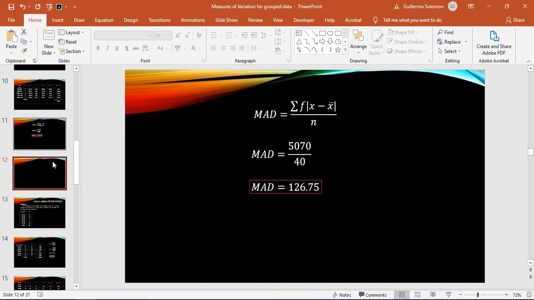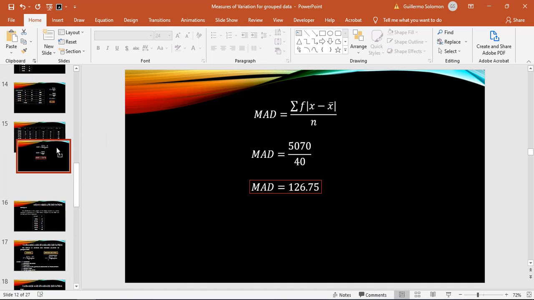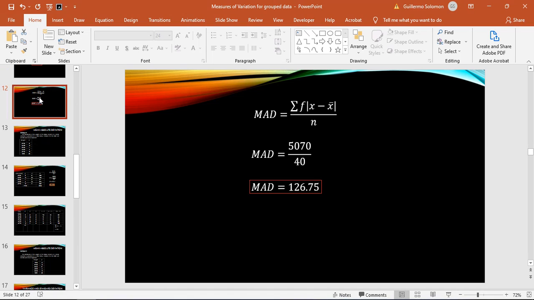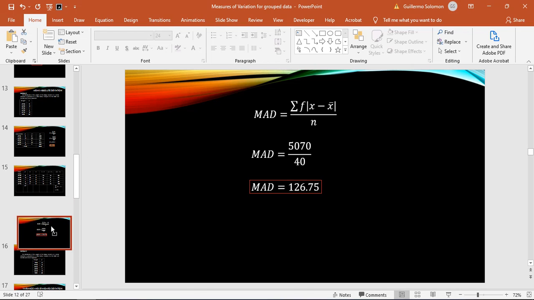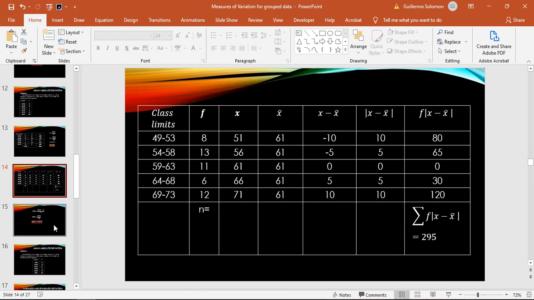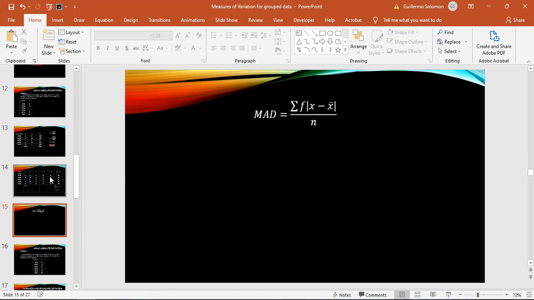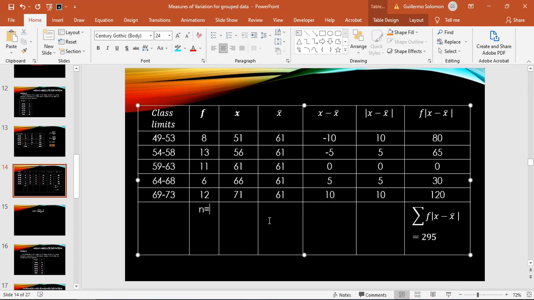Okay. Yung formula natin ito. So, ito, 295. Okay. Substitute lang natin dito. Wait lang, delete ko muna to. So, may kulang pa pala dito, that is 50.